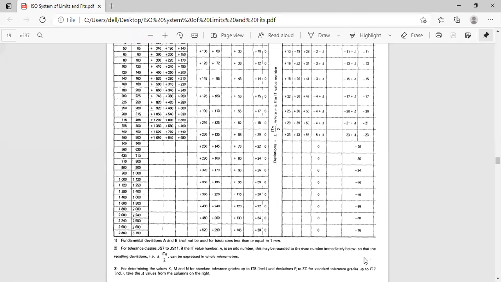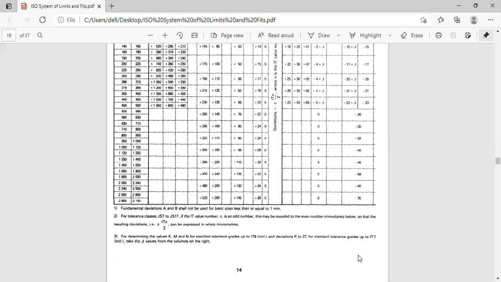So that's why this type of problems are not being asked. Suppose he asked a tough problem related to small js or capital Js, how you have to take the value: he has told plus or minus IT n by 2. And if IT is an odd number, you have to round off to the nearest even number and then carry out the problem. Okay, so all these are very important.